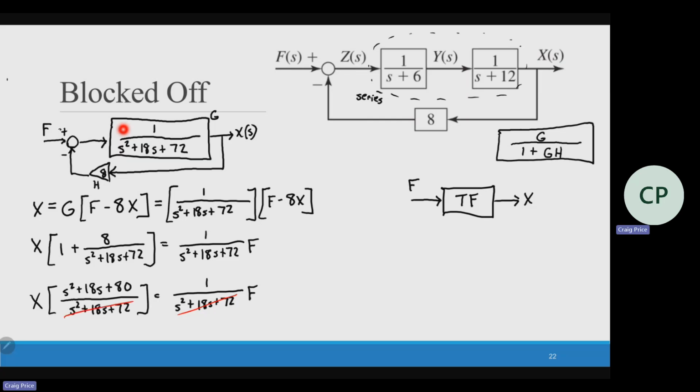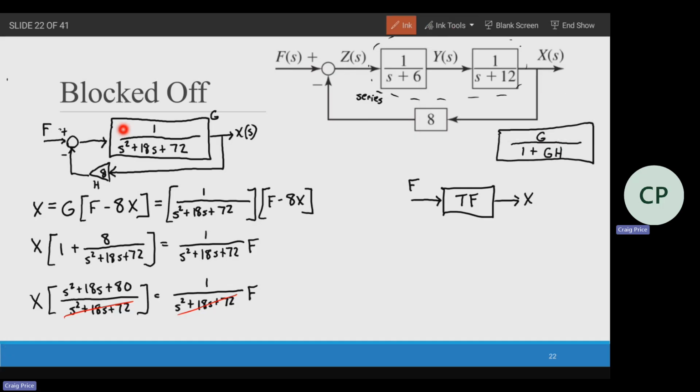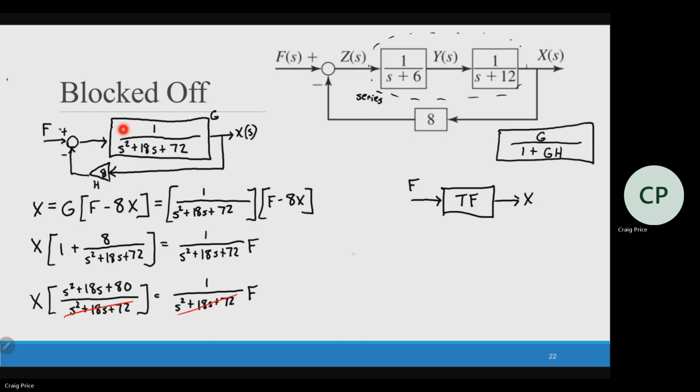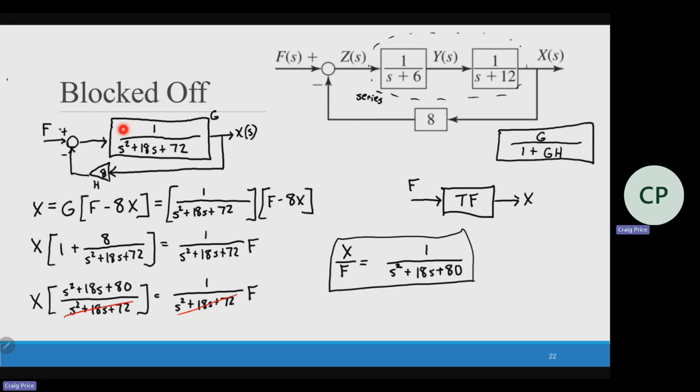And so if I'm trying to find x as a function of f, x over f, that's going to be 1 over s squared plus 18s plus 80. That would be my transfer function right there.